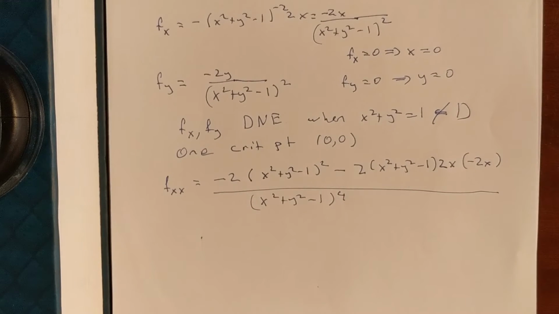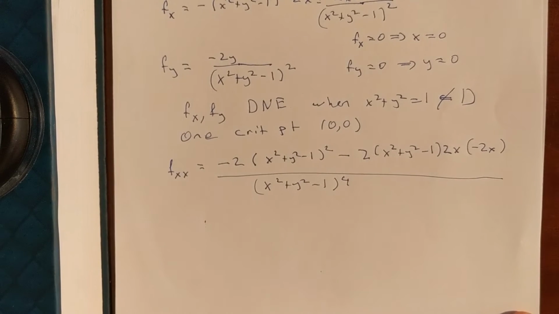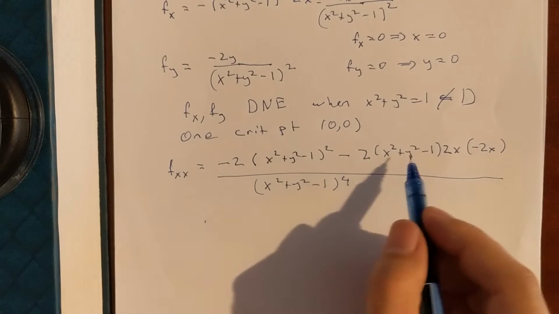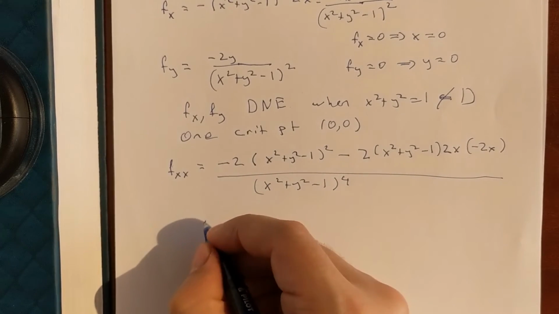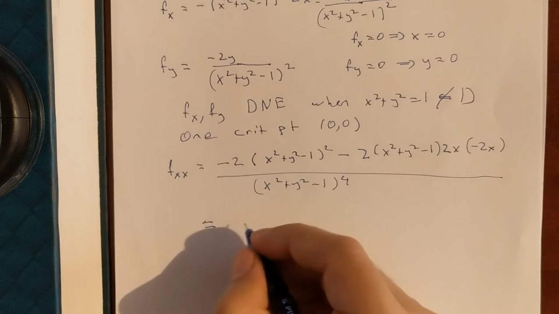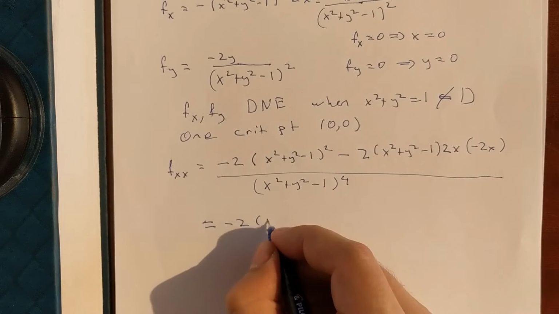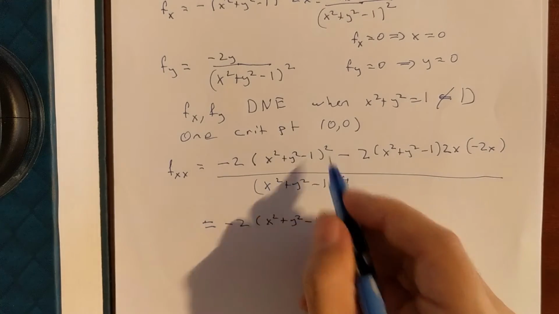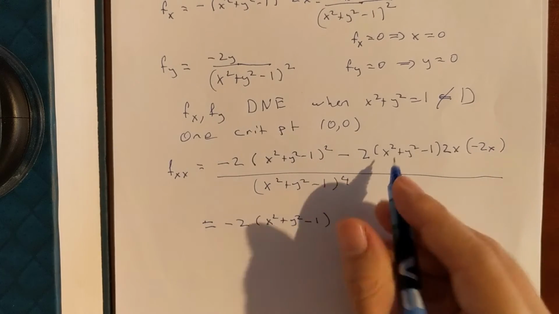Oh boy. Of course, have no fear, this is going to cancel out, right? Everything has an x squared plus y squared minus 1 in it, so we can cancel that out. If I get rid of one power of that, it's going to make the equation nicer. Instead of 2, I would have 1, and this is just going to go away.